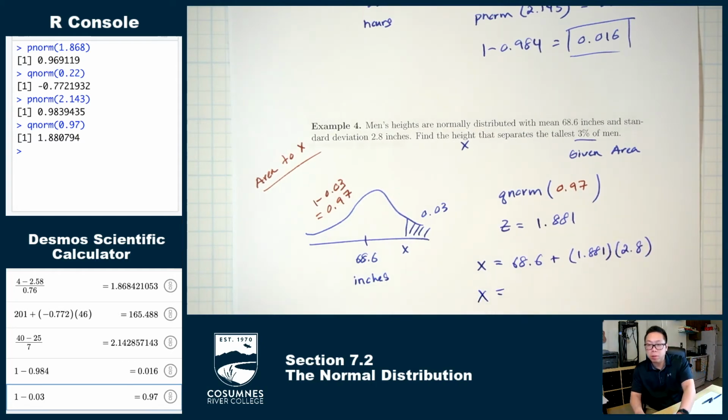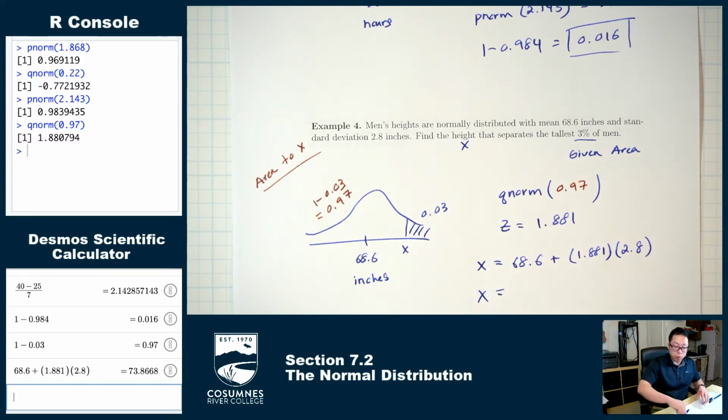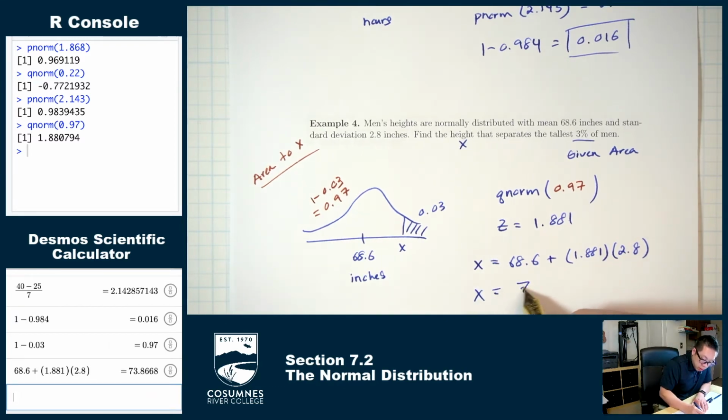Okay, then my final answer: 68.6 plus 1.881 times 2.8 is 73.867.